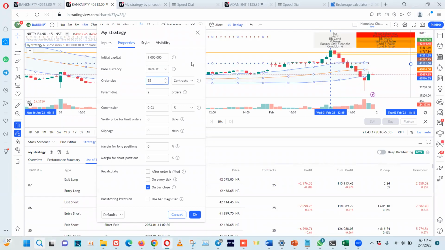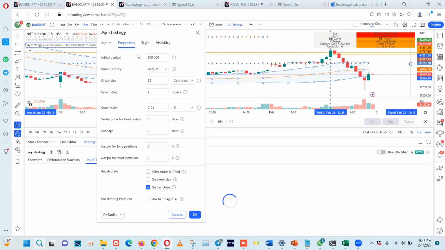How much is margin required for one lot? Roughly 1.5 lakhs. So this is first part where we have to enter our initial capital. We can enter any amount, that doesn't matter. If we just want to calculate for 1 lot, we can write 2 lakh.